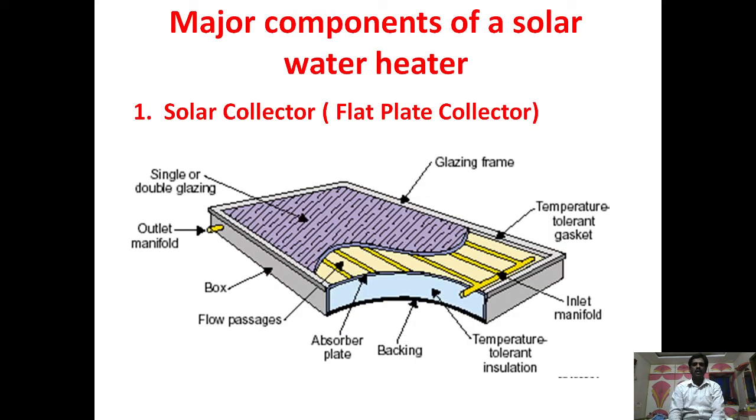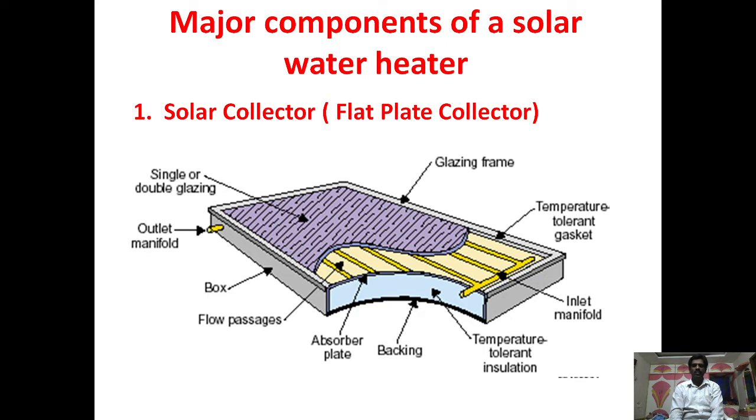Now coming to the components of the solar water heater. A solar water heater consists of several components. Out of the several components, the major component is the solar collector. A solar collector, which is known as the flat plate collector, is the major part, and using this solar collector we receive solar energy using the absorber plate.